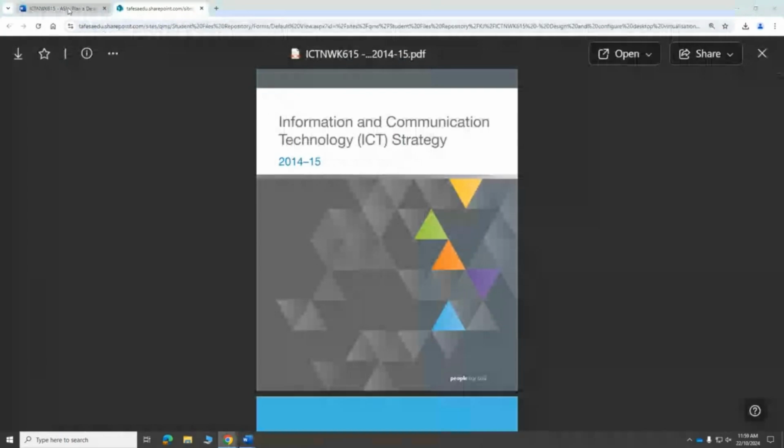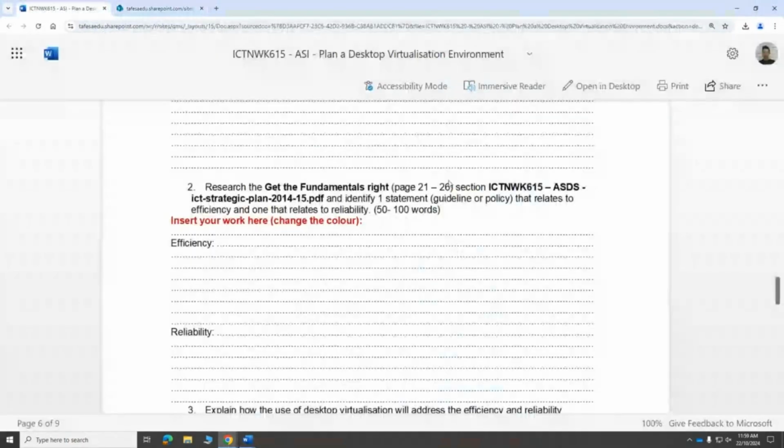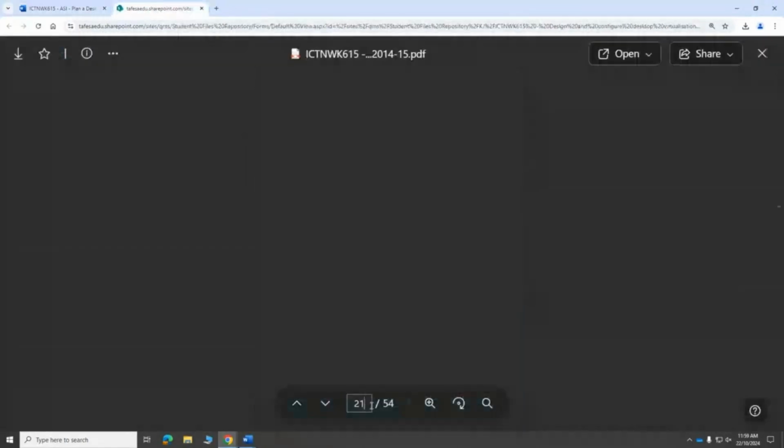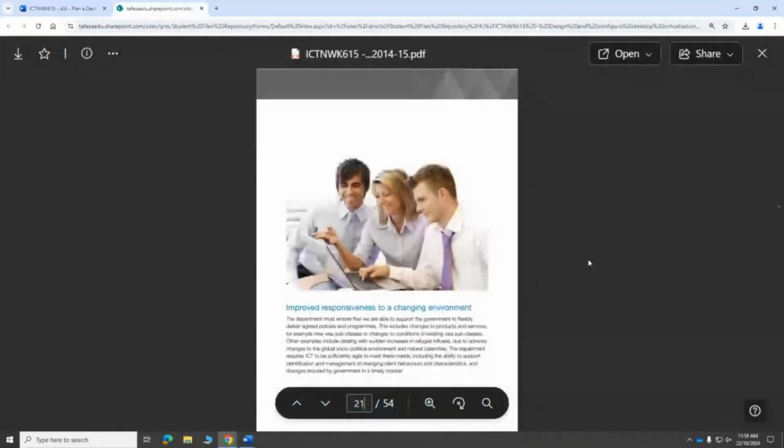So if you look at this, it says get the foundations right, page 21 to 26. So again, like I said, I'm trying to make it as easy as possible, so you don't have to read the whole document. I just want you to read a specific section, 21 to 26.